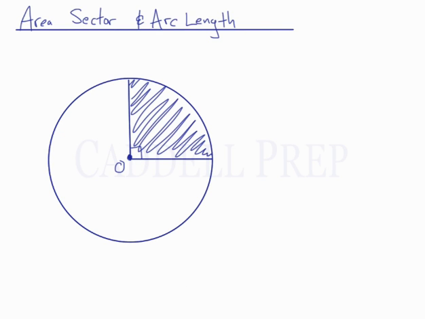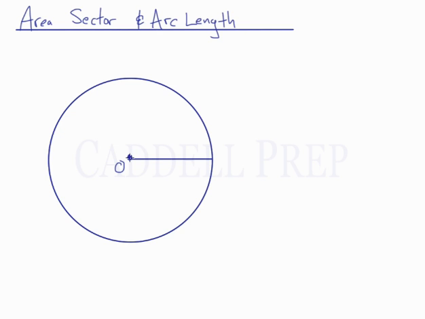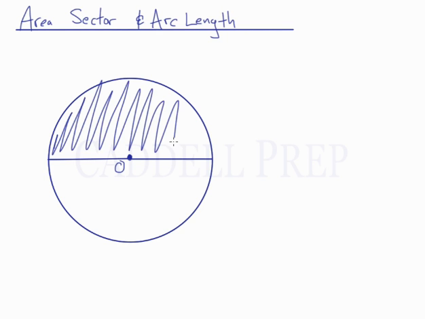Okay, and likewise, if we had a diameter drawn, then this would represent half of the circle. This is 180 degrees, and that's half of the 360, and you can see this is half of the area of the circle.